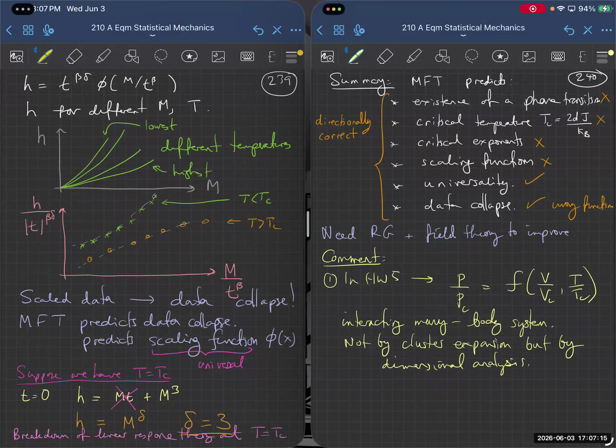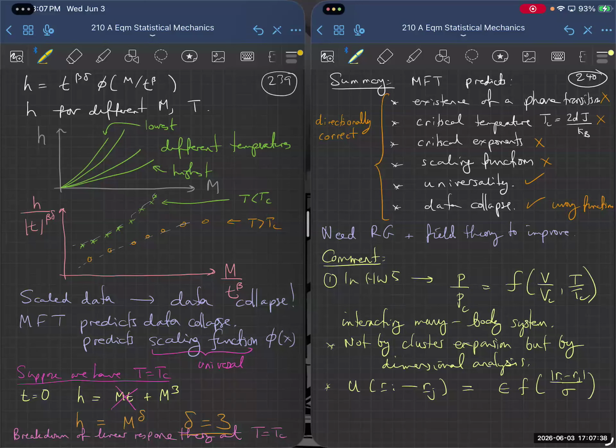And why you could use dimensional analysis was that you had a bunch of materials, all of which had a pair potential, which had the following form. It had some energy scale times some function of |r_i − r_j| over some sigma.